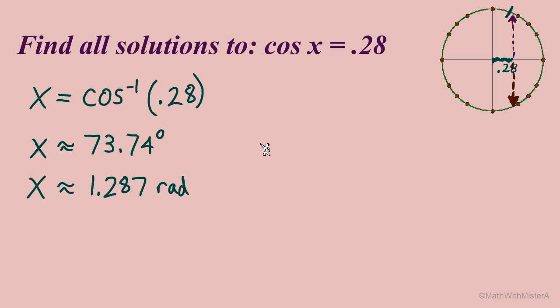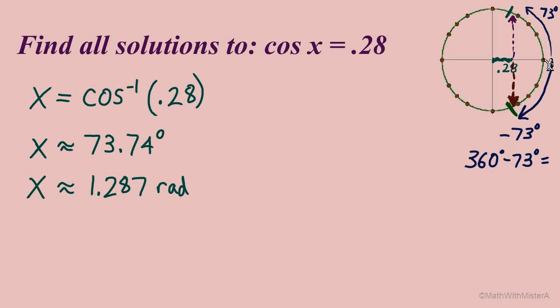Well, the one that we got from the calculator, 73.74 degrees, is a rotation from the origin in this counterclockwise direction, the positive direction. Our other point down here would be a result of the same amount of rotation but in the opposite direction, so about negative 73 degrees. And our initial position is 0 degrees or 360, so we can subtract 73 degrees from 360. We're basically saying in the positive direction we start at 0 and rotate 73 degrees to get here.